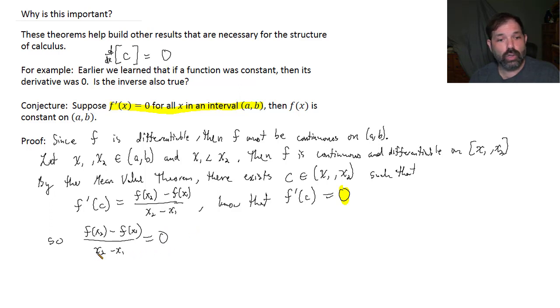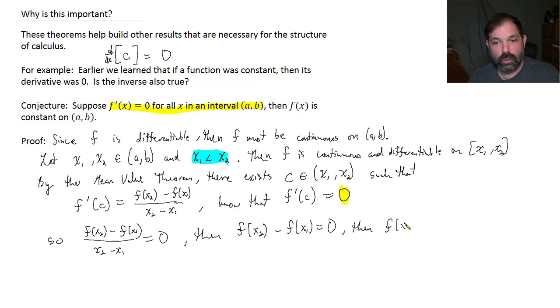Now I know x2 minus x1 is not going to equal 0 because I said earlier that x1 is less than x2, so they can't be equal, so the denominator cannot equal 0. So f of x2 minus f of x1 must equal 0. Then f of x2 must equal f of x1.